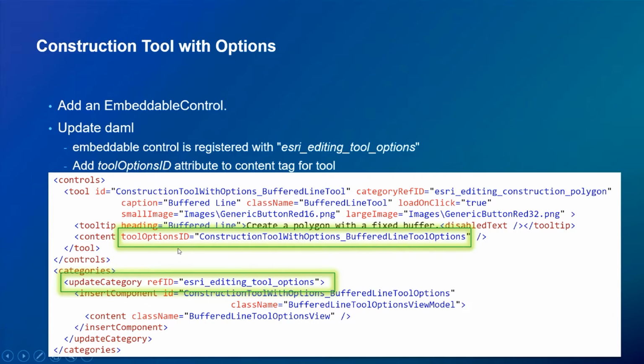And then in order to associate ourselves, we're updating the category of tool options and inserting our ID specified over here in the content. And then as part of the class name, we're pointing into the view model. And what's actually being presented, the content, is then essentially the view.